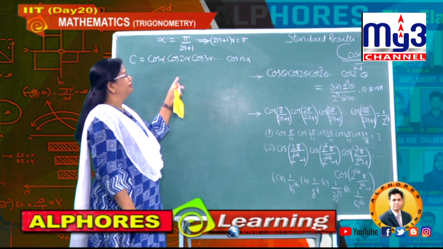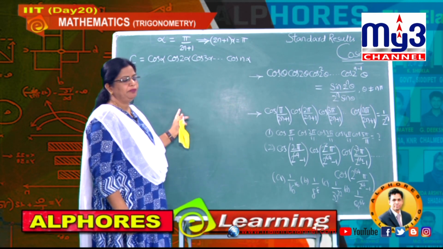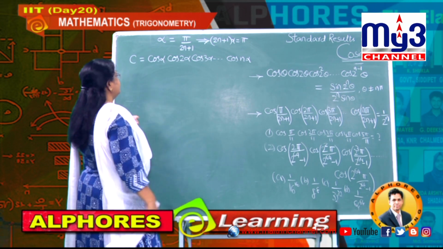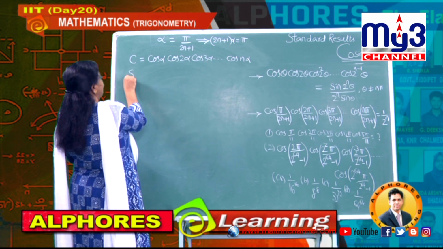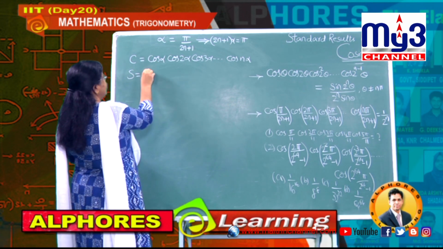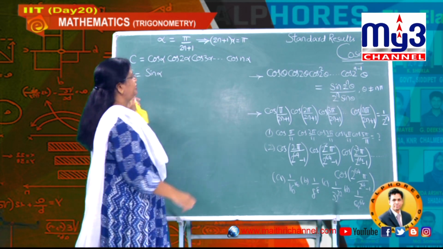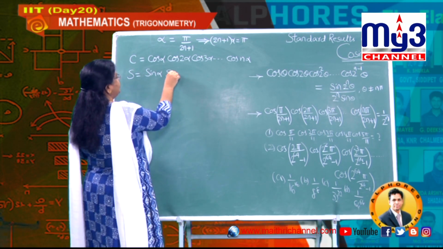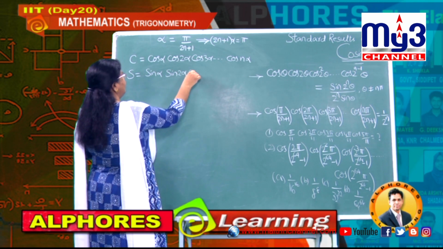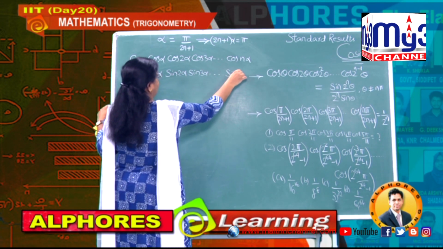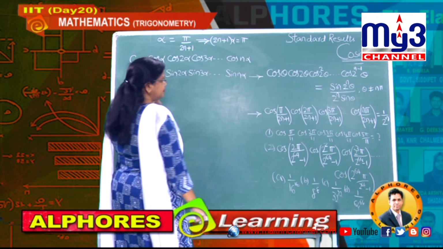Understand? Now however we have taken this one, in the same way let us take again sine values. So what are sine values, students? S equal to sine alpha, sine 2 alpha, sine 3 alpha, etc. It is nothing but sine n alpha. Got it up to here, students?